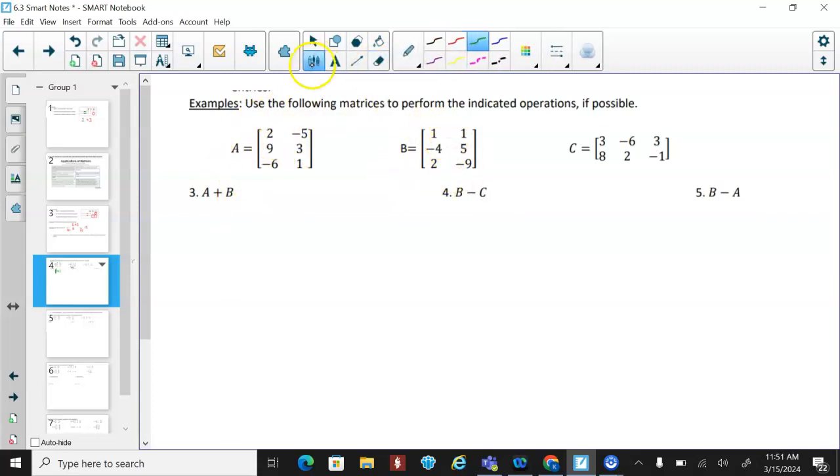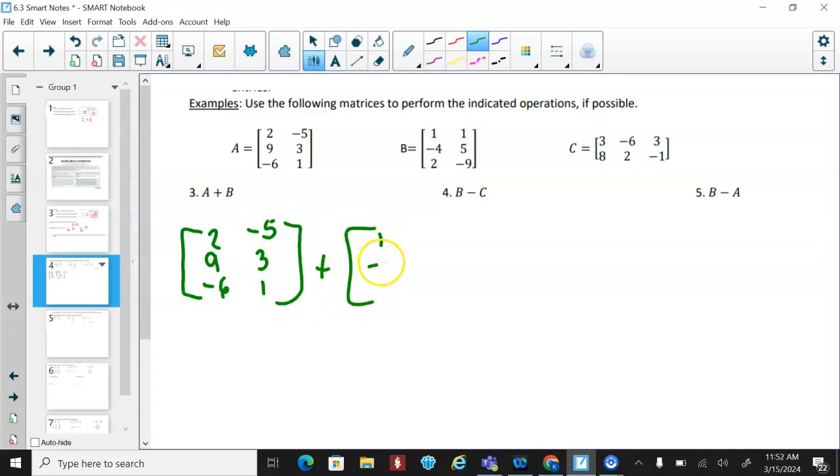So I'm going to write them out for you. Okay, so you get 2, 9, -6, -5, 3, and 1. And what we're adding is 1, -4, 2, 1, 5, and -9. Now, we're simply adding the corresponding numbers. A number in the first place with a number in the first place.